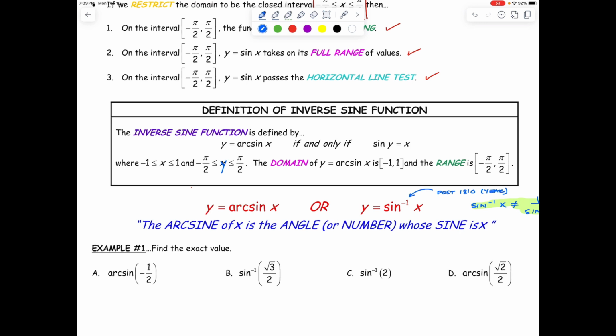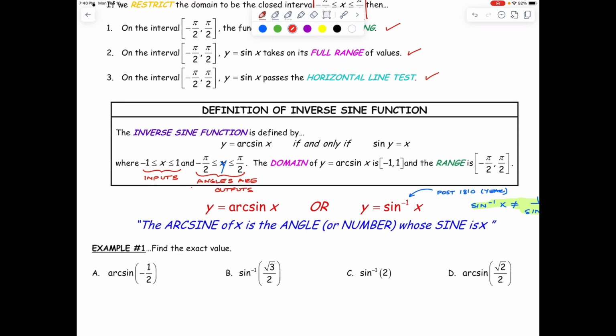So these are actually going to be your inputs to the function. And your angles, and there is a little typo there and I changed it to y, the angles are your outputs. And as we've said, the domain and the range are going to swap when you create the inverse of sine.